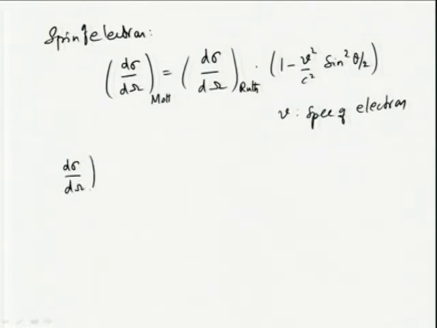So, okay, let me first consider the recoil part. For that, d sigma over d omega, the Mott cross section, will have to be modified. What happens in this case is that the energy of the electron is now different from the energy of the electron when you consider the proton recoil.